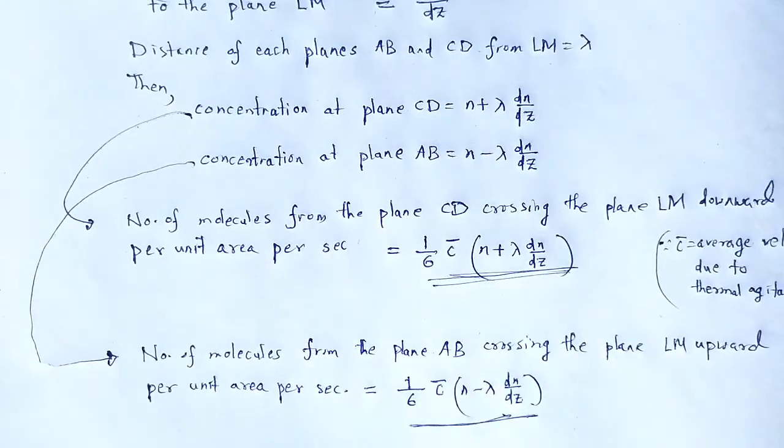Now what should be the net number of molecules passing?